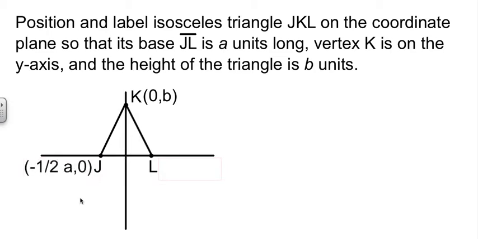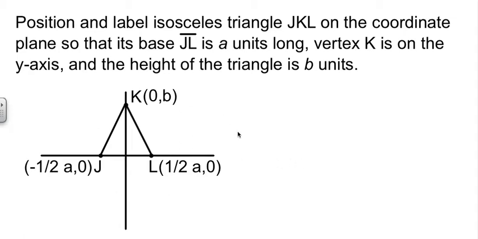So that would be negative half A, 0 for this point, and positive half A, 0 for that point, so that the total distance is A. From J to the y-axis here is half of an A, and this is also half of an A. Makes a whole A.